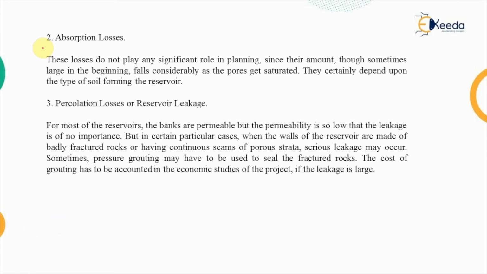The other types of the reservoir losses are the absorption losses and the percolation losses. So if the water is being absorbed by the boundaries or the banks of the reservoir, then that is the absorption loss. However, this does not play any significant role in the planning because their amount is large in the beginning, but once the pores are completely filled up, when they are getting saturated, it falls down.